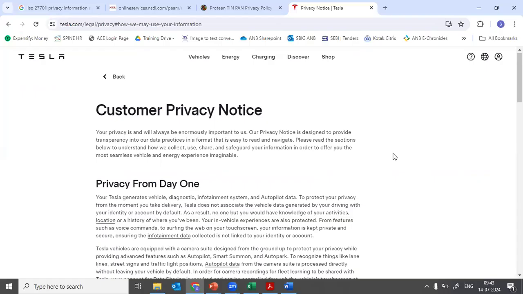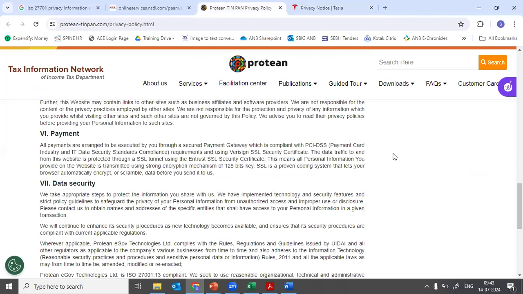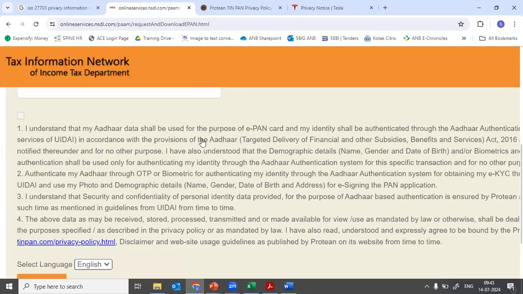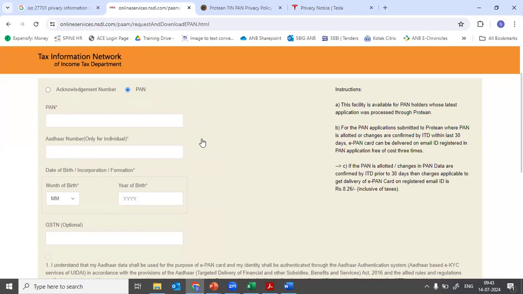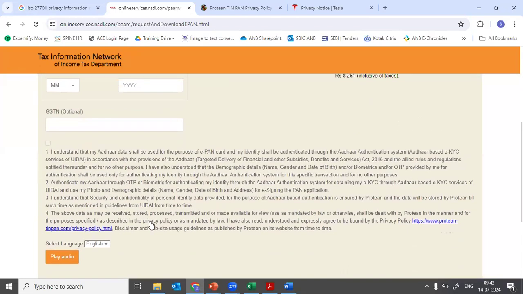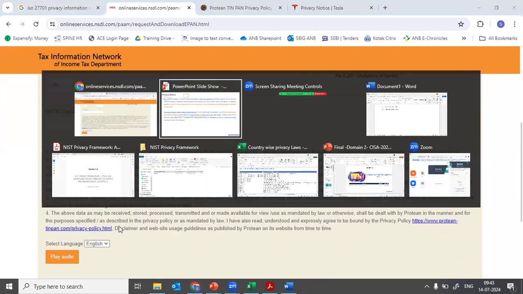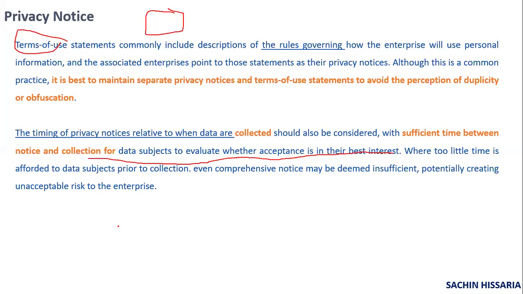For example, when I am providing this privacy notice, I cannot do such a setting where the user has only 3 or 4 seconds to read the privacy notice, after which it will disappear. That means you have given very little time to the data subject to read that privacy notice. You need to make sure you have given a sufficient amount of time to the data subject to read those privacy statements.